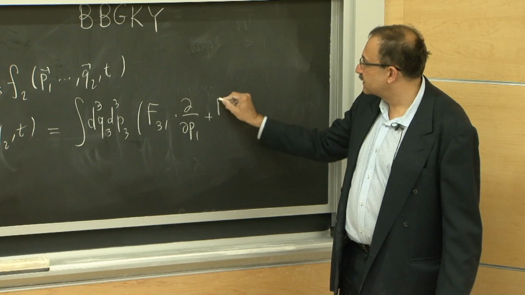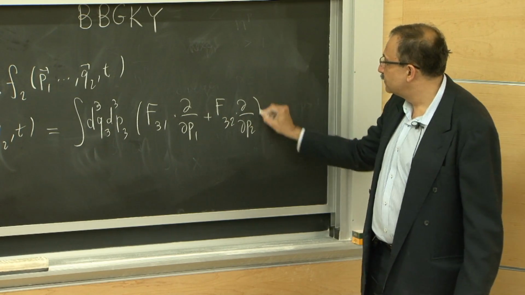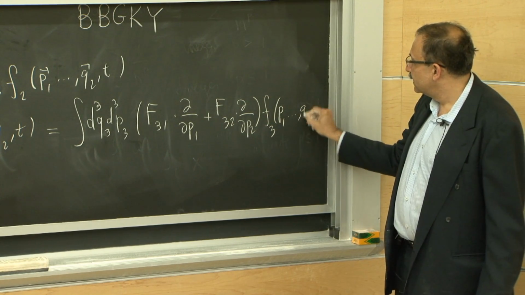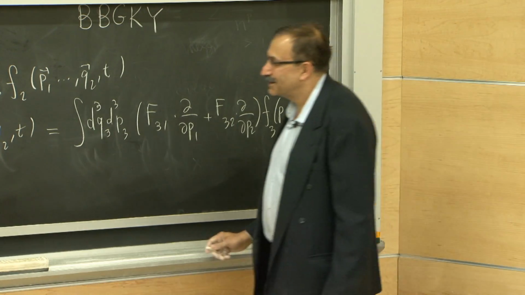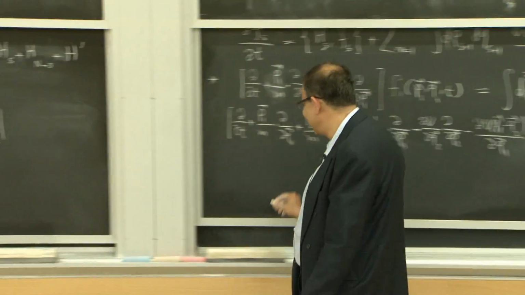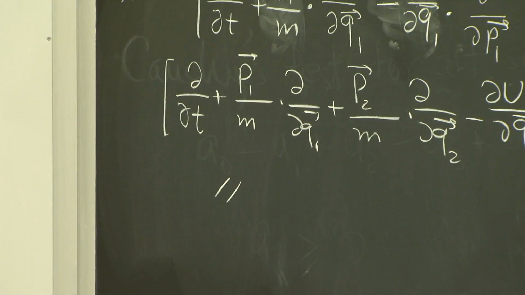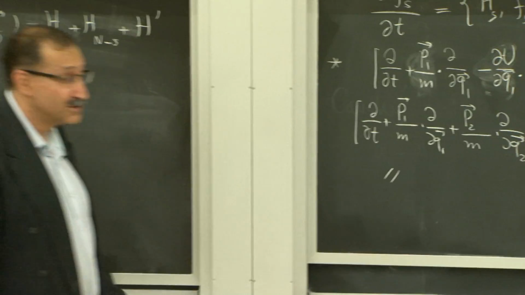And the force that is exerted from 3 to 2 dotted by d by dp2, acting on a 3-particle density that involves everything up to 3. And now let's write the third one. So that I will leave to next lecture. But anyway, this is the structure.